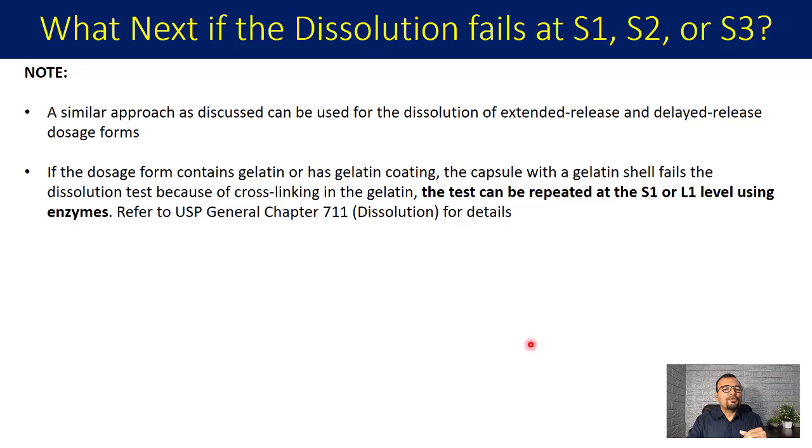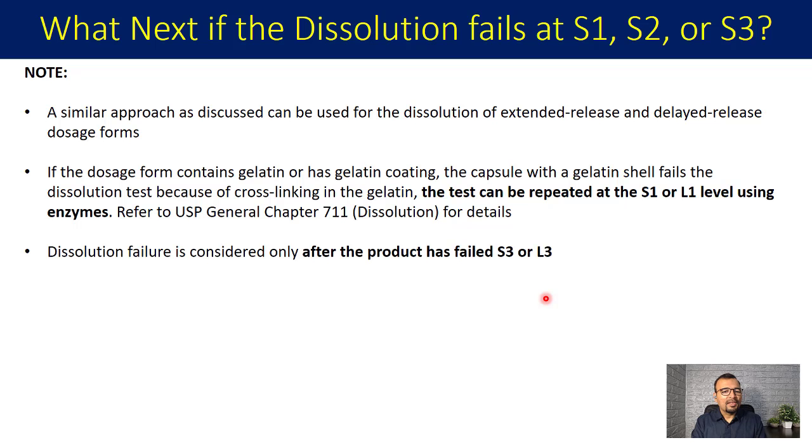If the dosage form contains gelatin, or has a gelatin coating, or if a capsule shell made up of gelatin has been used, and if you get a failing dissolution result at S1 or L1 stage, you can actually repeat the dissolution by using enzymes. And this has been referred to and guided as per USP General Chapter 711 for dissolution.